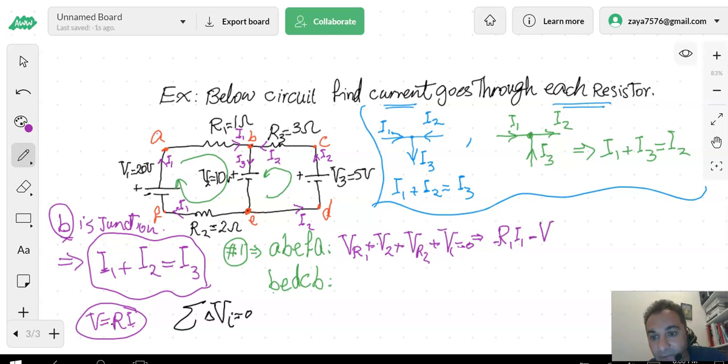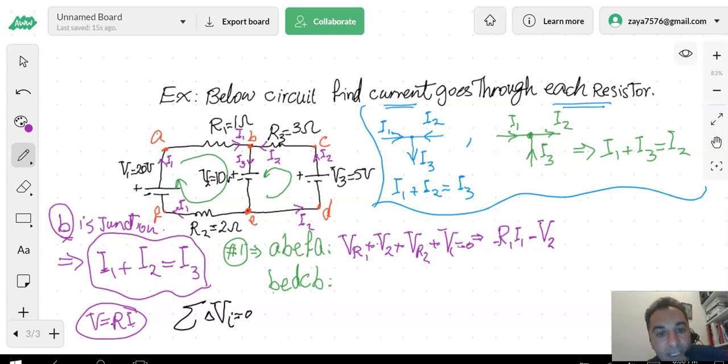So it will be minus V2. I go from B to E. B to E is from positive to negative, correct? From positive to negative, what is the second pole? Always the second pole. It's negative. It will be negative. If the second pole would be positive, this would be positive, remember.